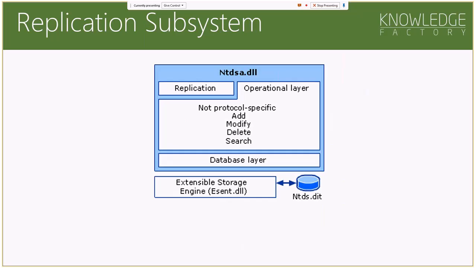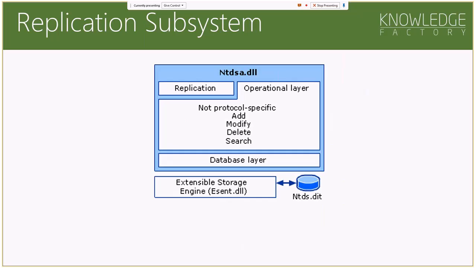So the subsystem, which you need to understand, all the things we're going to do in the demos, well, of course, everything relies on what I'm saying now, but it helps you to get a better understanding. So the replication subsystem interacts with the operational layer, and you probably recognize this from the earlier webinars, which implements replication changes on the destination DC and is placed within the directory service component.